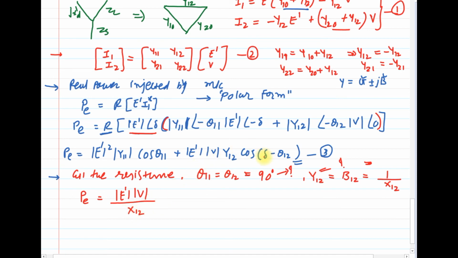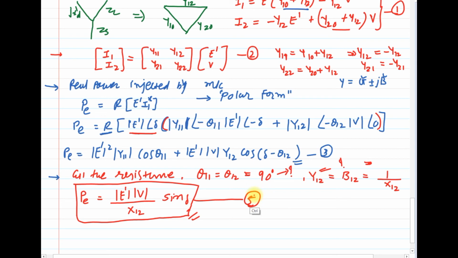Then cos of pi by 2 minus delta will become sine delta. So this is your final equation for the power injected into the system by the generator, neglecting all the resistance. Equation number 4. Clear? PE is equal to E dash V divided by x12 sine delta.